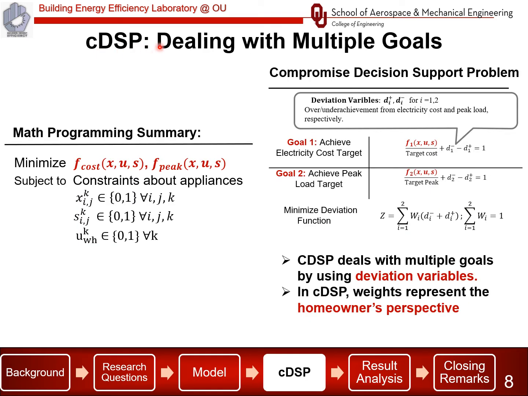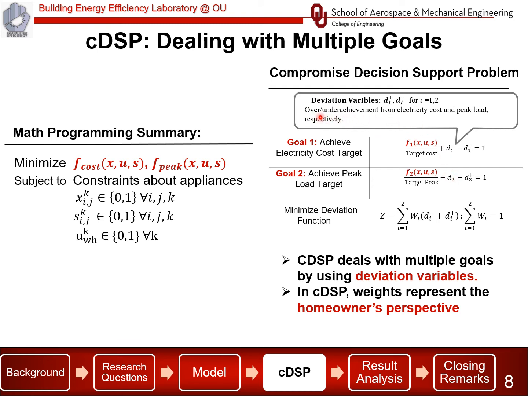The CDSP is also dealing with multiple goals. Instead of connecting each objective using weights, the CDSP transfers the objectives into goals. Each objective is divided by its target cost or target peak, and a new deviation variable is introduced here.